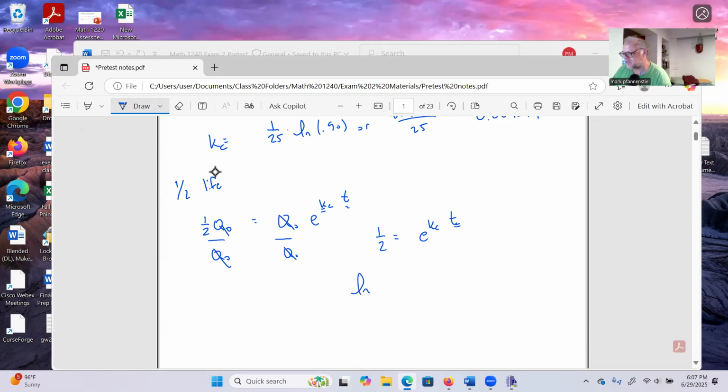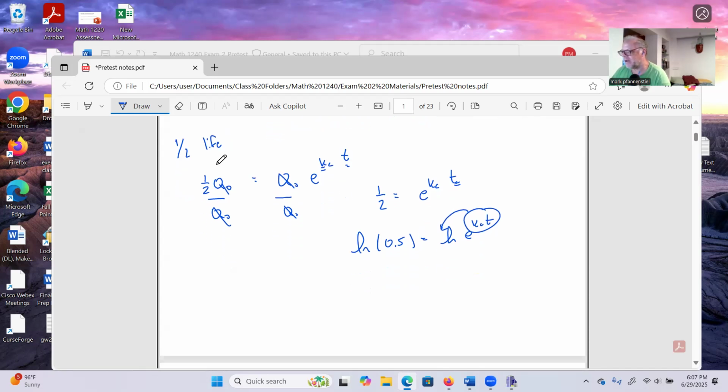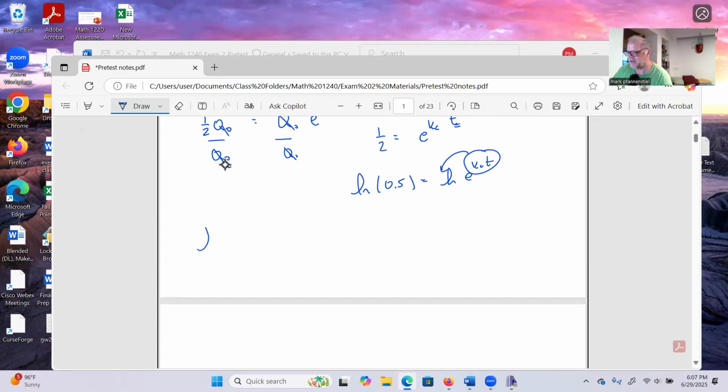So this is going to be the natural log of 0.5 or 1/2 is equal to the natural log of e to the kct. This whole business comes down in front. That's the whole point. So we're going to say we have the natural log of 1/2. 2 to the -1 is a fancy way to write 1/2. Okay. And we're going to say this is equal to kc times t.